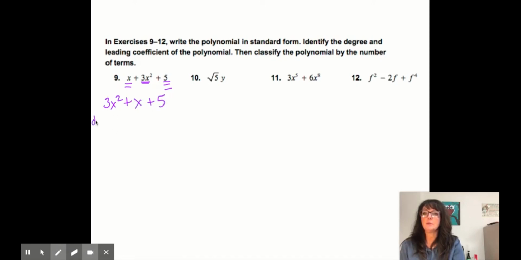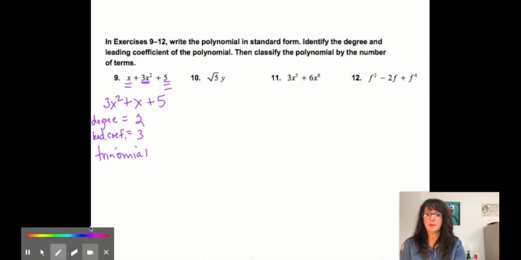My degree is going to be equal to the highest degree term, which is 2, so a degree of 2. The leading coefficient, I'm going to abbreviate those, is 3. And then I'm going to classify them. There's 1, 2, 3 terms, so we would call this a trinomial.